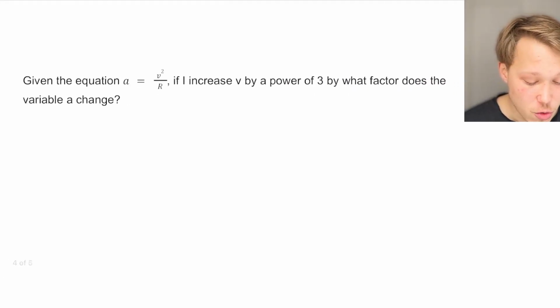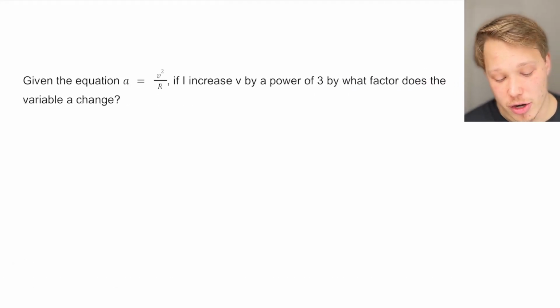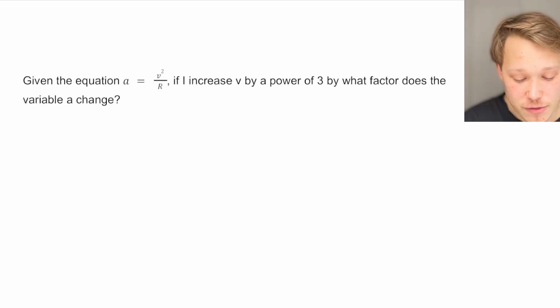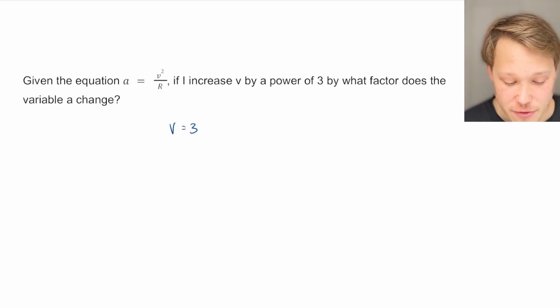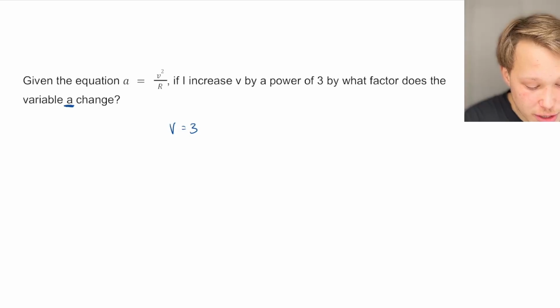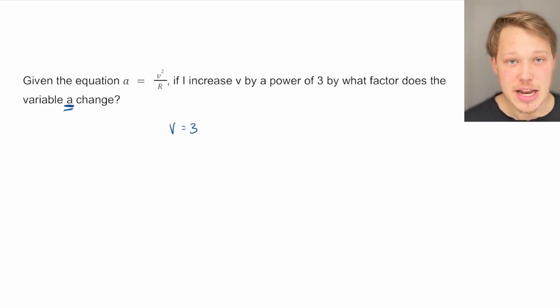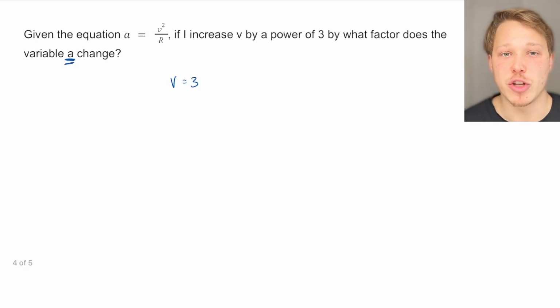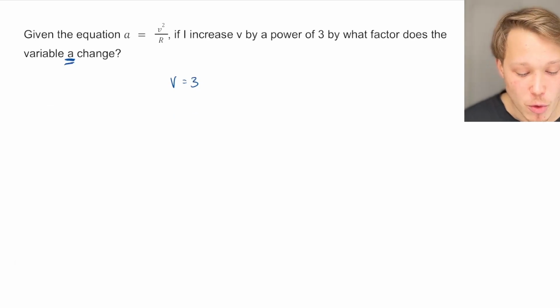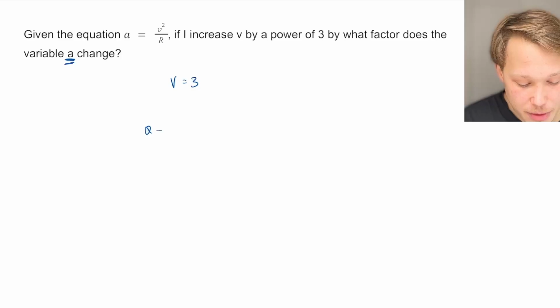So given this equation that a is equal to v squared over r, if I increase v by a factor of 3, by what factor does variable a change? Now, it doesn't really matter what this equation means, right? I just wanted to introduce an equation where it's not simply y and x, but we can rewrite it using the same method that we did before.